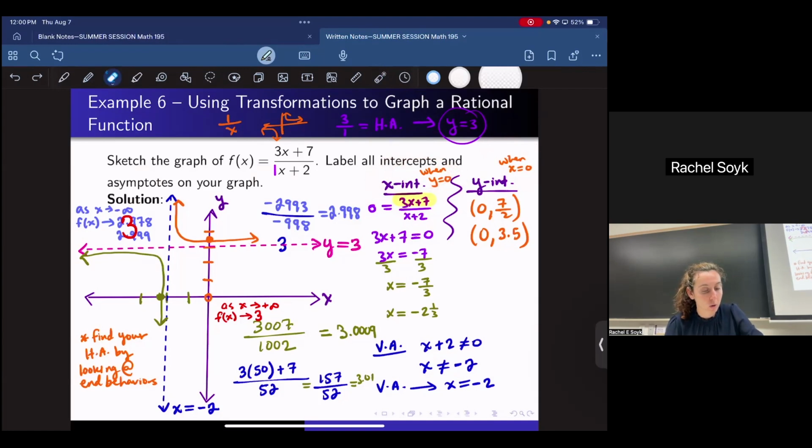So you set the whole function equal to 0, and then you hone in on that numerator part of the fraction, set that equal to 0, and then you solve for your x. Right? Subtract 7 from both sides, divide by 3, and you get -7/3.